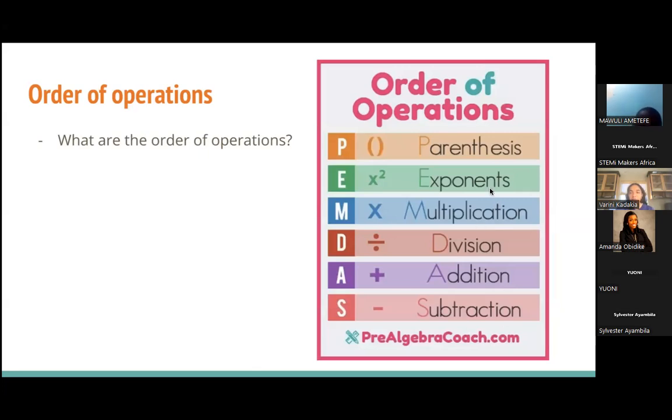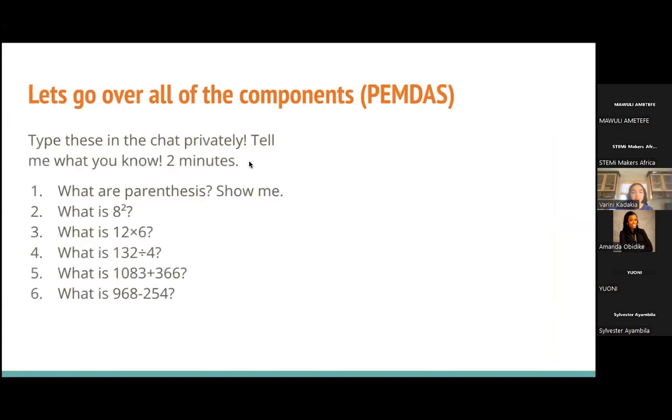So the order of operations is parentheses, exponents, multiply, divide, addition, and subtraction. Can you guys type this privately to me and tell me what you know? I'll give you guys 2 minutes to answer these sort of questions, and then just let me know in the chat.